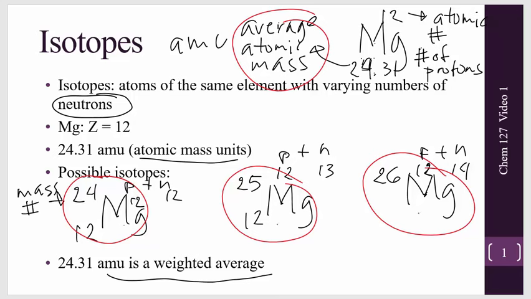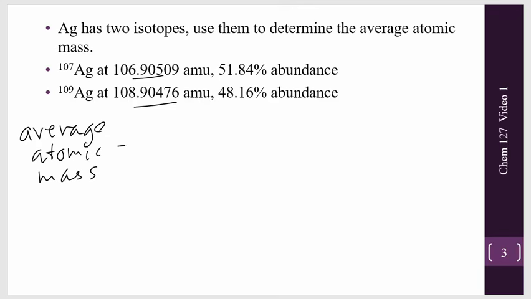We've got silver, Ag is silver. If you have some silver jewelry at home, it's composed of these two different isotopes. We have the masses of each isotope in AMU and then their abundances, so we can use this to determine the average atomic mass. We'll start with the first isotope here.